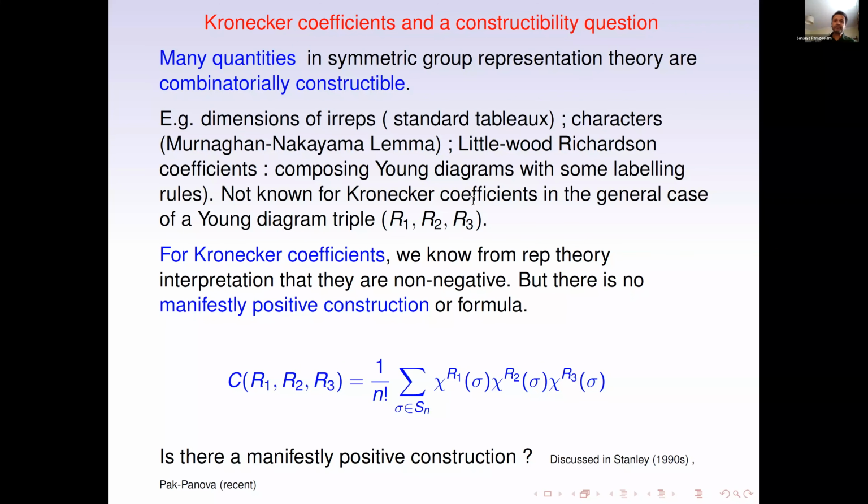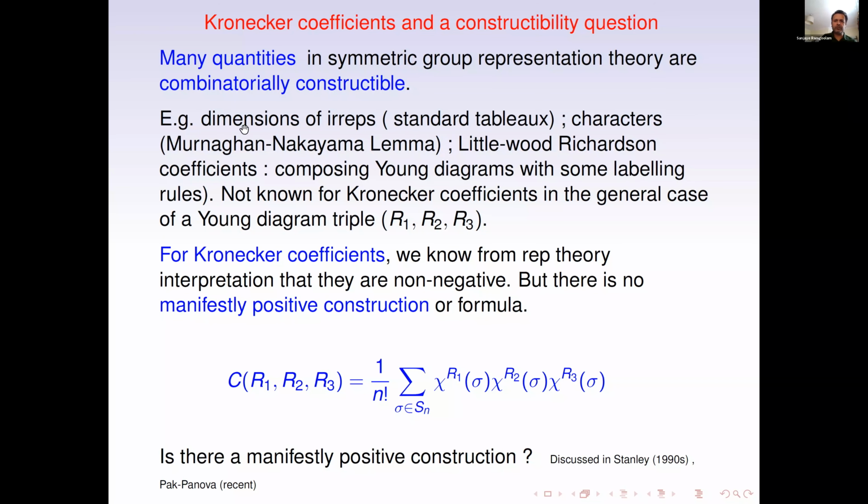So the appearance of Kronecker coefficients in tensor models is very interesting, because these are the subject of an interesting question in mathematics. There are many quantities in symmetric group representation theory, such as the dimensions of irreps, characters, and the Littlewood-Richardson coefficients, which have nice combinatoric rules. You label Young diagrams in some way, you count the labelings that obey some rule, and you get the number of interest.